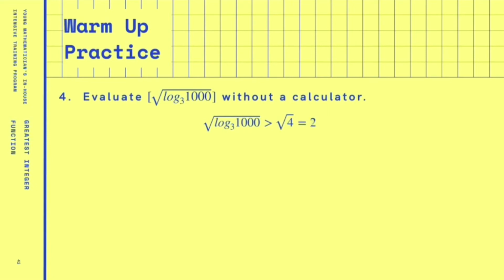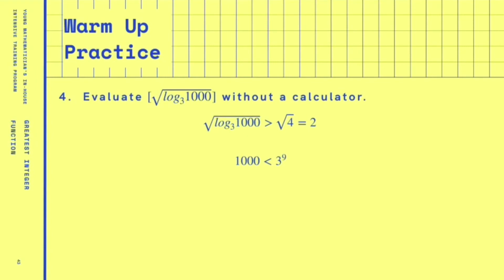Now what about on the other side? Think of a power of 3 that is greater than 1000 this time. Noting that we need to take the square root just like square root of 4, we think 3 to the 9th is relatively a large number, much greater than 1000. We know 1000 is less than 3 to the 9th.